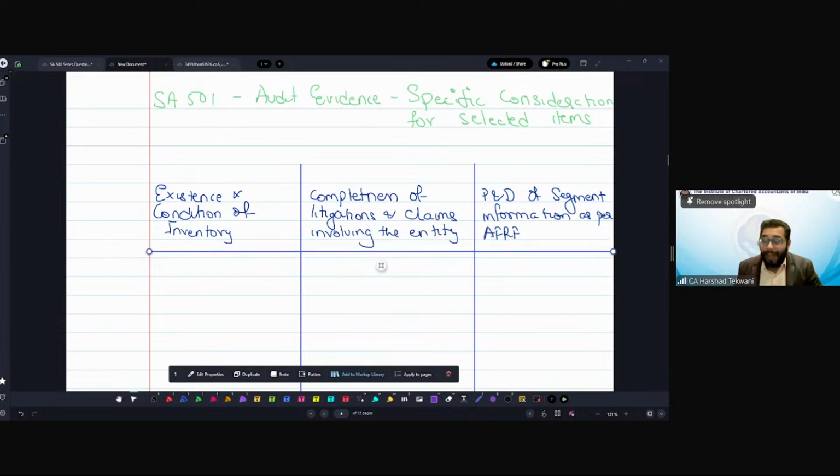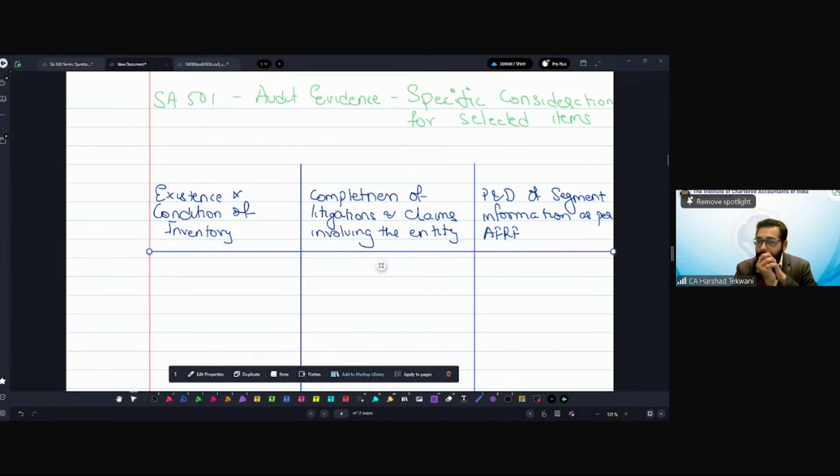How many of you have actually performed the inventory count? Okay, Vignesh. Good. Yes. Anyone else who has performed the actual inventory count? Pooja, yes. So, when you go out and perform inventory count, what do you basically do?